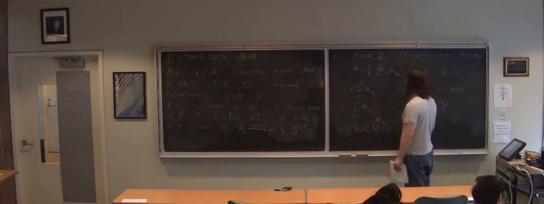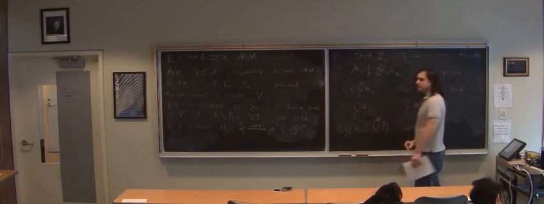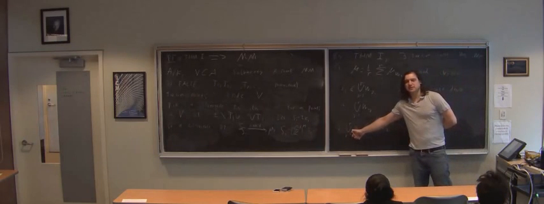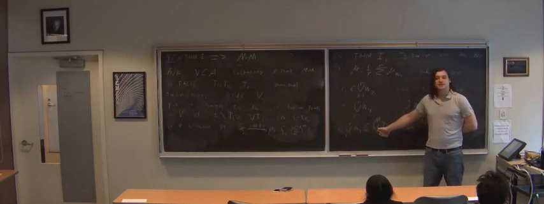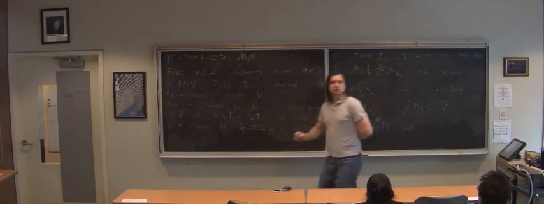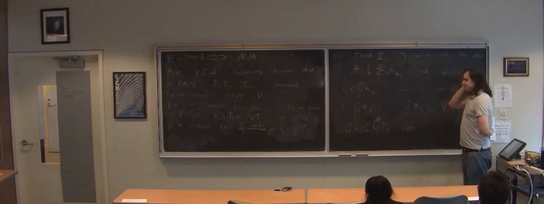Okay, but this is a contradiction, because we know that for sufficiently large i, the S_i are contained inside here, and they're not contained inside here, because they were picked to eventually jump out of a finite union. Okay?